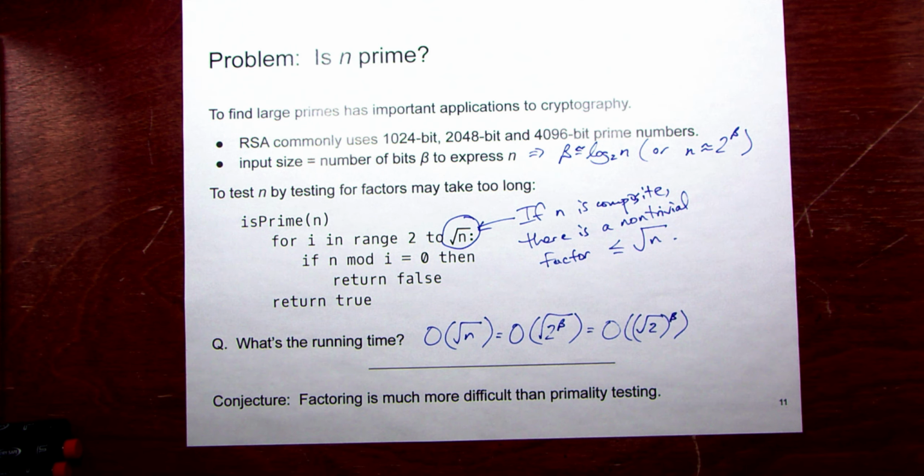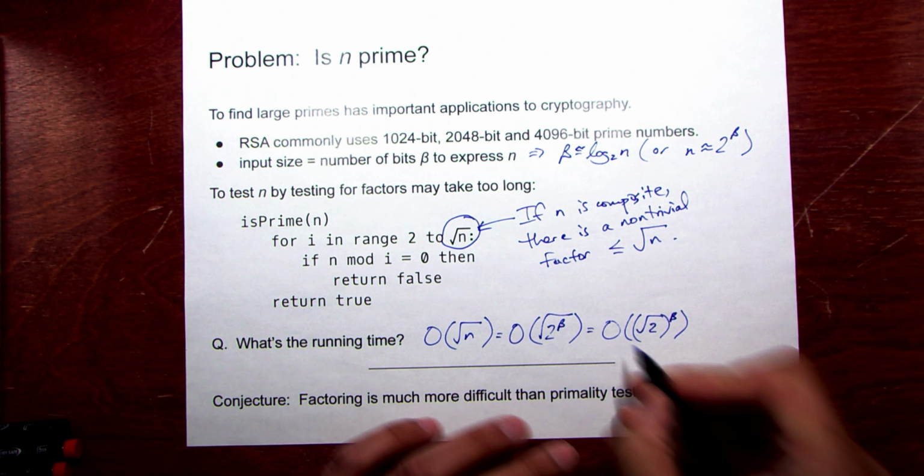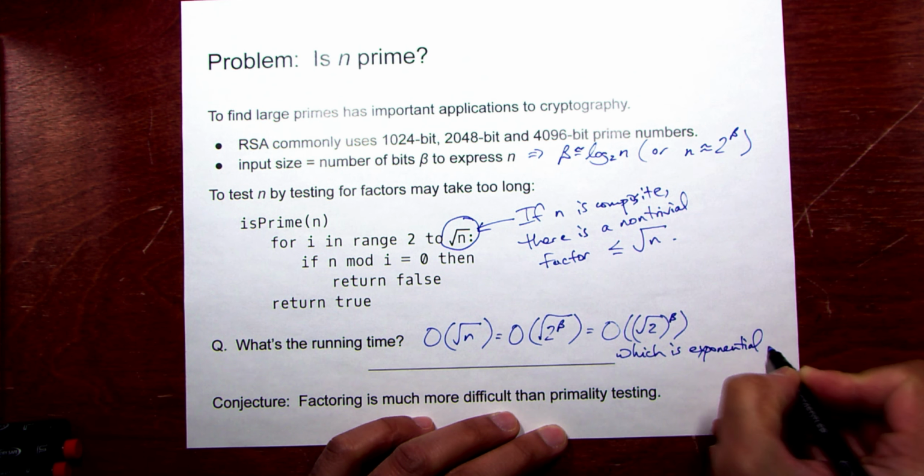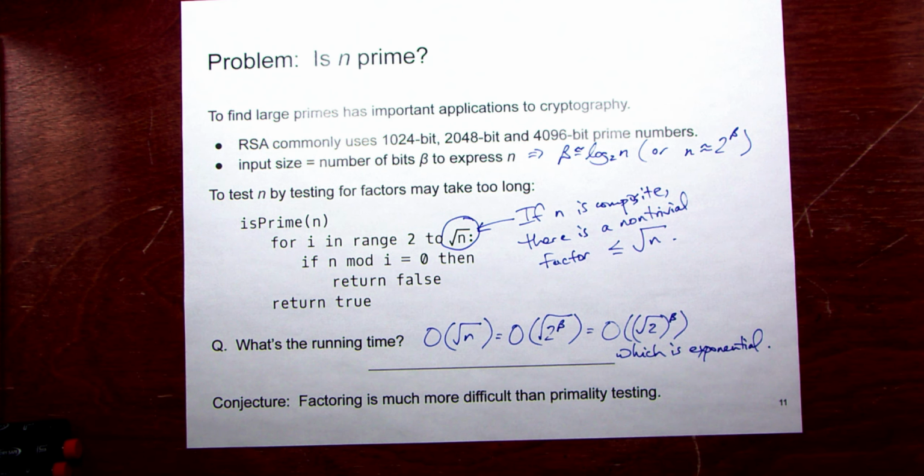Root 2 is 1.4 something, but that's exponential. So it's something to the beta. That's exponential running time, so this is not an efficient way of going here. In fact, by being clever, you can determine whether the number is prime without actually finding the number's prime factorization.